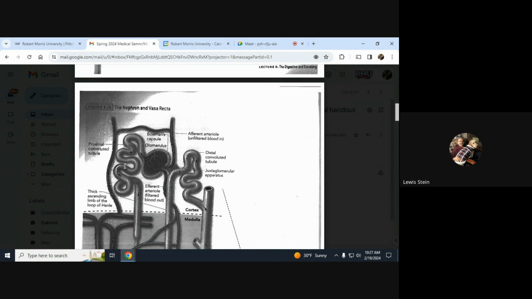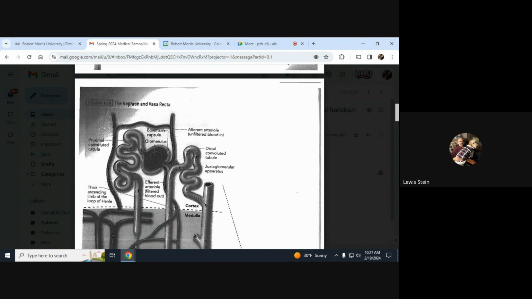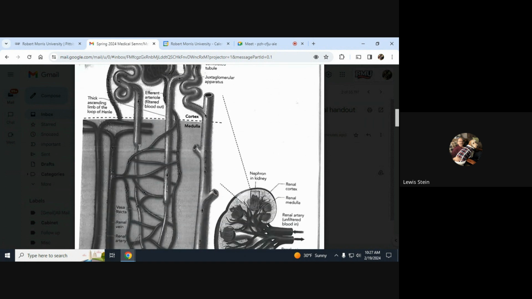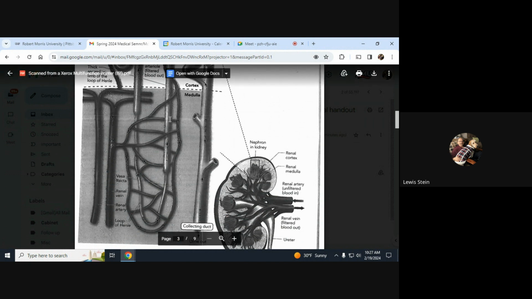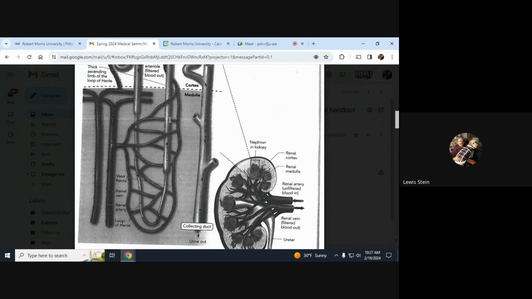The proximal convoluted tubule starts with thick, but the loop, particularly if we're looking at a juxtamedullary nephron, is very, very long, very thin, tons of water go out, and the vasa recta are the blood vessels that surround it. And so they're pulling back in the water, and then up here, when we get to the thick segment, balancing out with solutes. And then in the surrounding soft tissue, you're going to see a series of exchanges that occur.